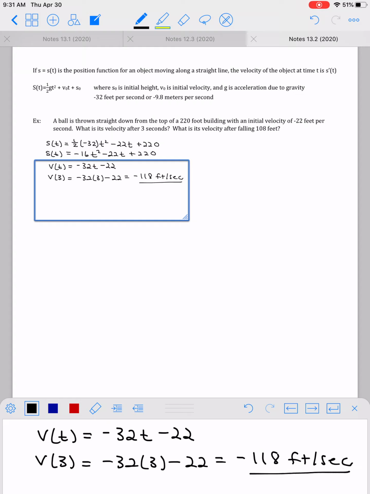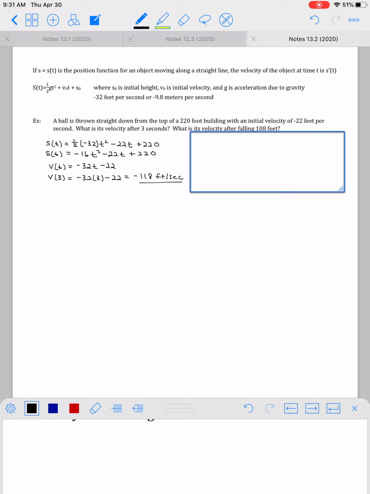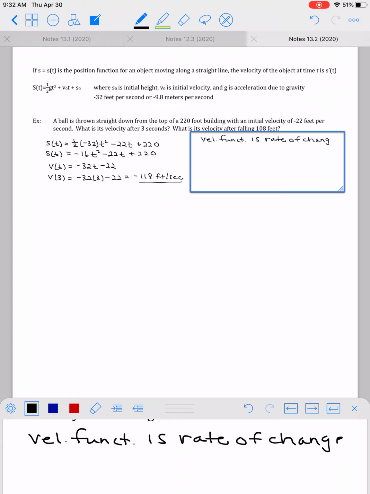And remember that the velocity function is the rate of change. So let me write that up here. The velocity function is the rate of change, and this is a big buzzword in calc: the rate of change means slope.